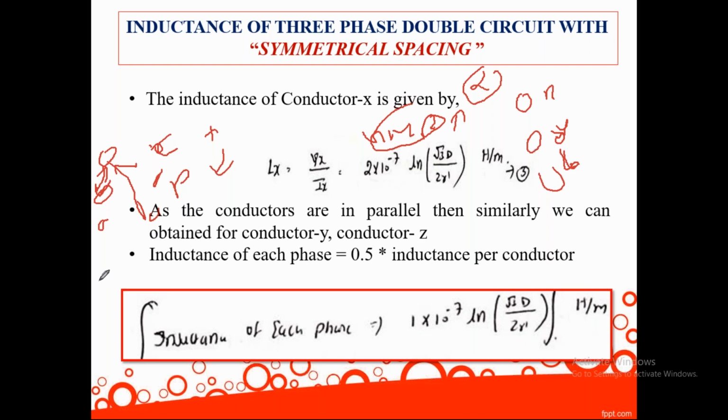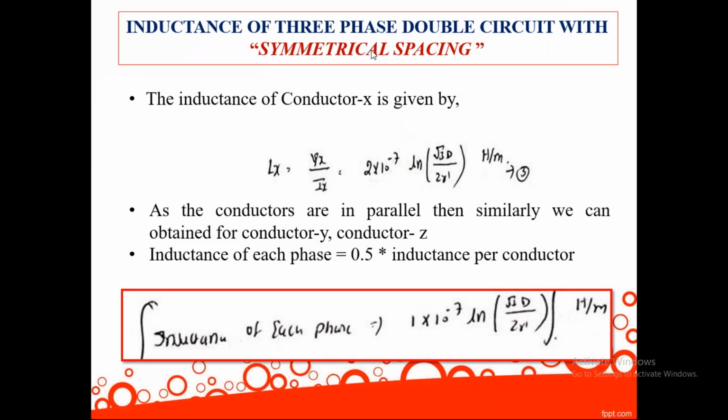So we have only one remaining derivation in this inductance topic. The next derivation is the inductance of a three-phase double circuit with unsymmetrical spacing but transposed. That is the final derivation we have in the inductance topic. After the derivation, we will discuss different problems that belong to the inductance value.